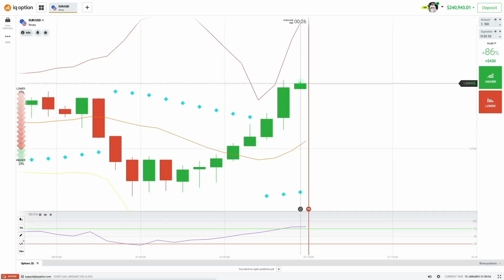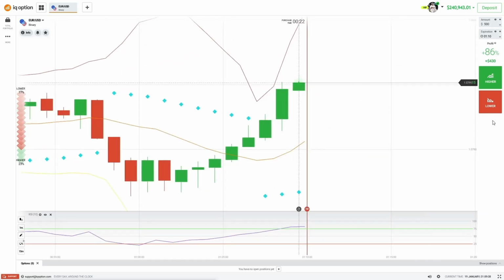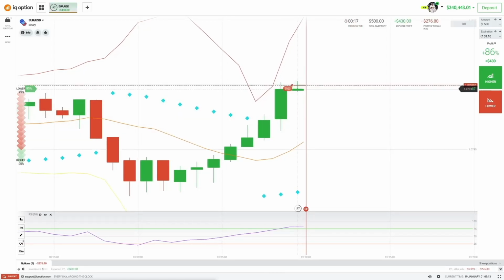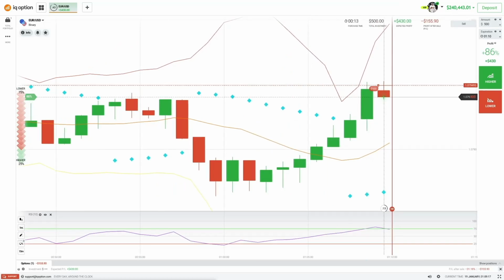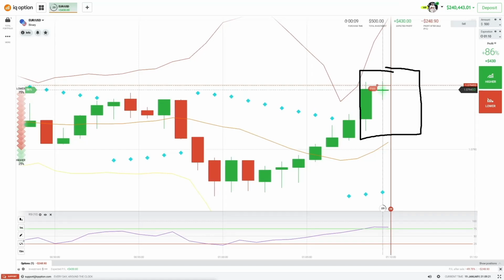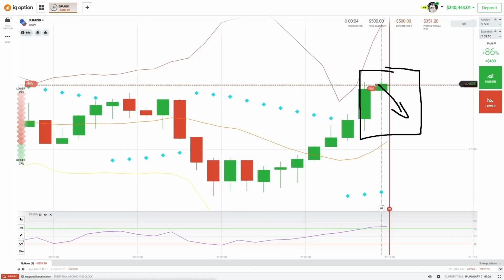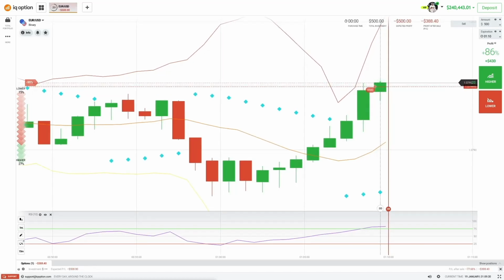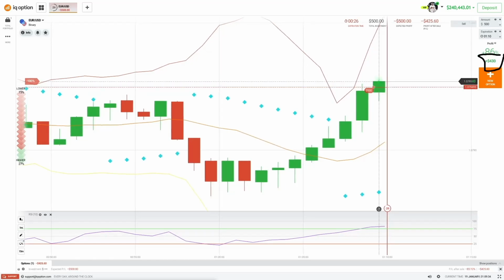$430. Amazing. Let's open the last candle here. All right. My prediction is telling me that this candle is going down. Amazing. If my prediction is right, guys, I'm making $430.